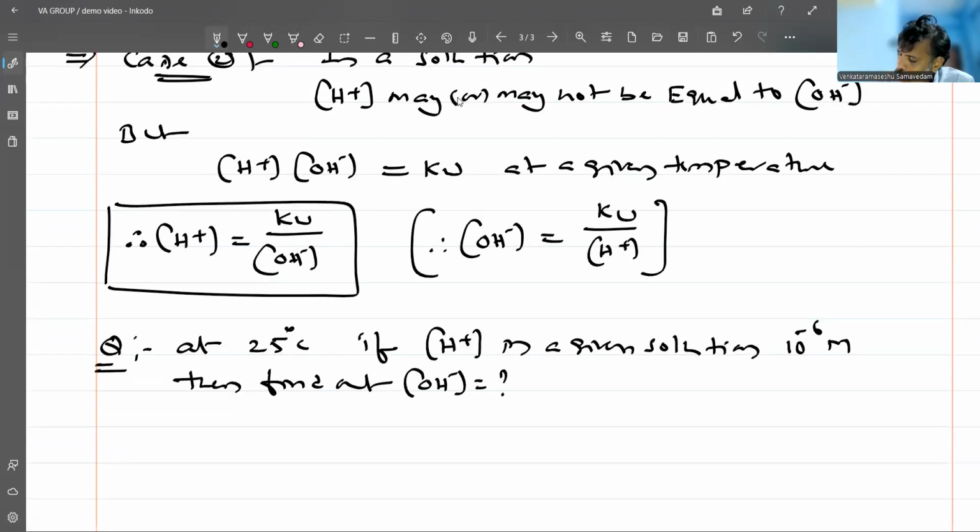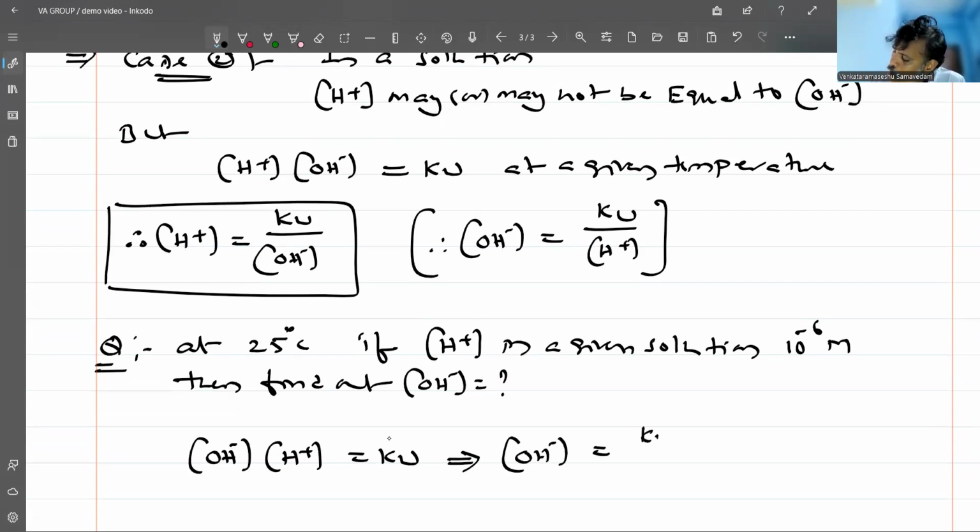So here, how can you say the OH minus ions concentration? OH minus ions concentration into H plus ions concentration is equal to Kw. We know the ionic product of water formula, H plus into OH minus ions concentration is equal to Kw. Then OH minus ions concentration is equal to Kw by H plus ions concentration. That is equal to 10 power minus 14.